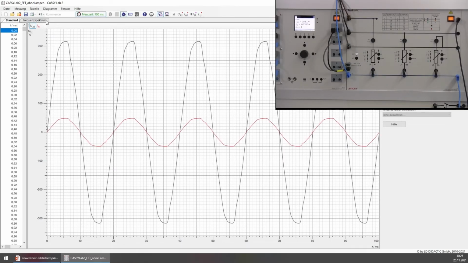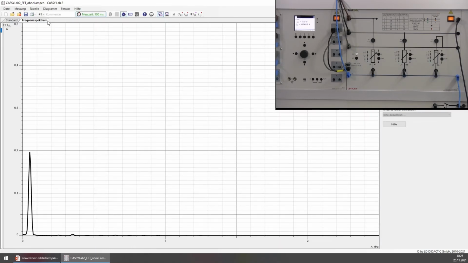When we now look at the fast Fourier transformation of the signal, we see that at the 0th harmonic, the ground order, we have a peak, and at every other order, so at the 3rd, 5th, 7th, we have only very small peaks barely visible, so no harmonics at all present in our system.